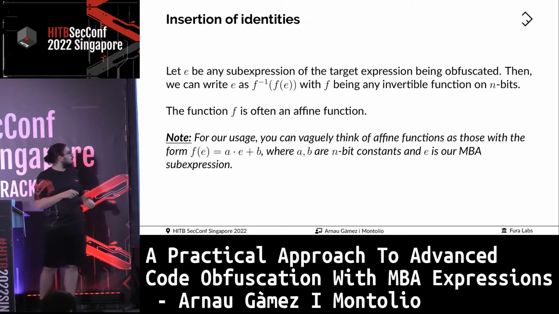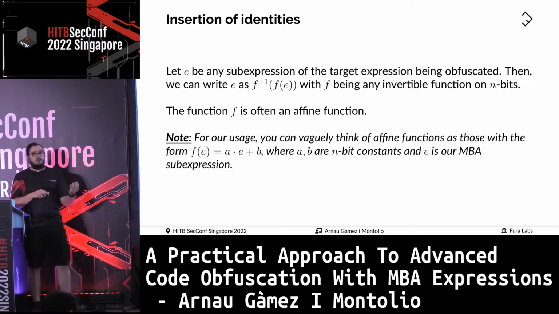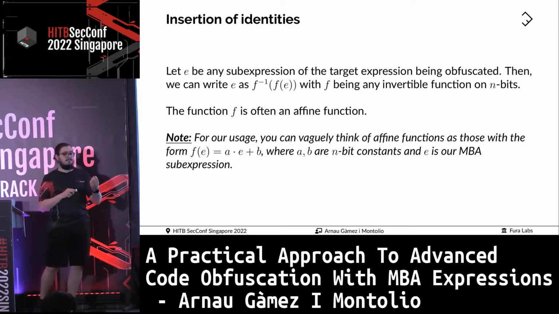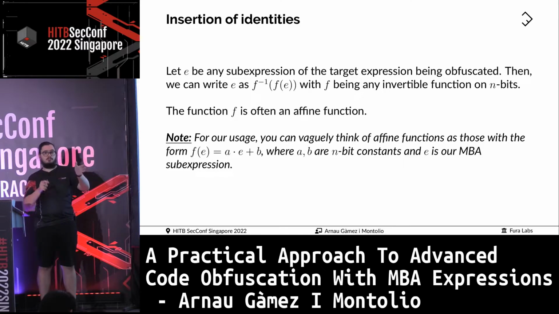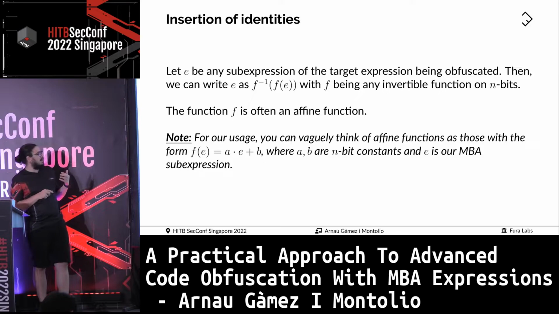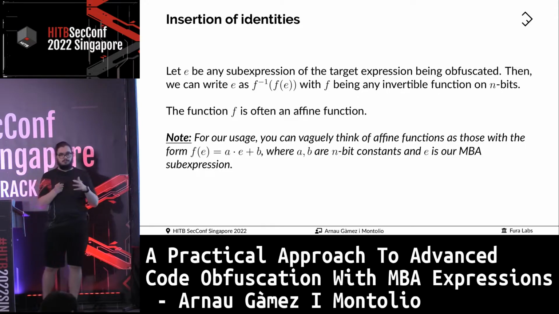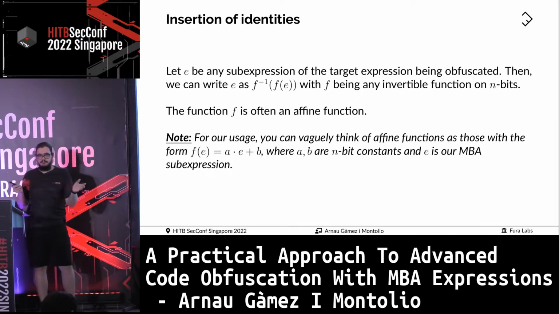So the idea is we get our expression that we want to obfuscate, and then we have a pair of invertible functions, and we apply the first function to the expression, and then the other function to the result. You might be thinking, well, but if I apply two different functions which are inverse to an input, then I get exactly the same. And that is the whole point from a semantic point of view.